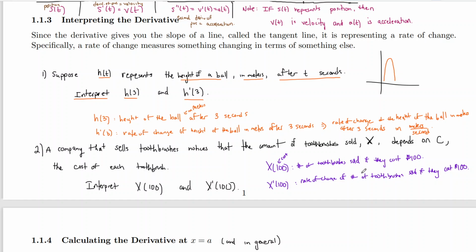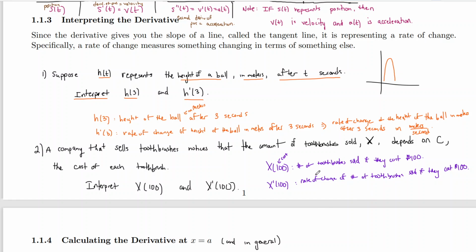But you could imagine what's going on here is if we had actually had a function and we had a number here, X prime of 100 was say 50. I'm just throwing out a number, 50. What that would be saying is that the number of toothbrushes sold would go up by 50 at a price of 100. That means if maybe we increase the price to $101, we would expect the number of toothbrushes sold to go up by 50.